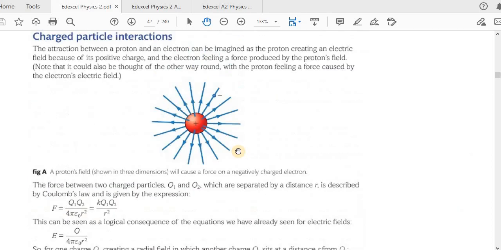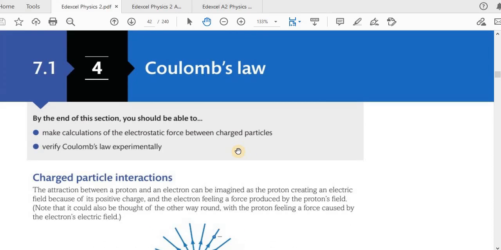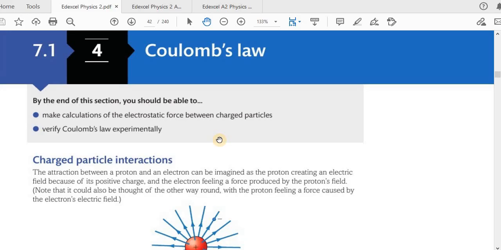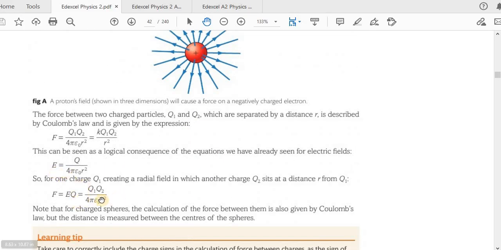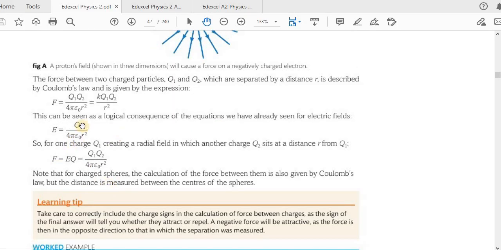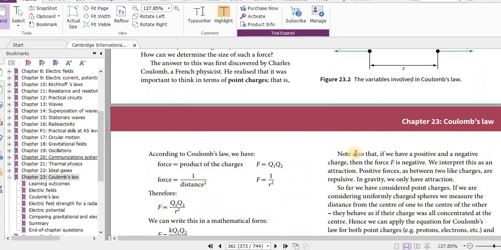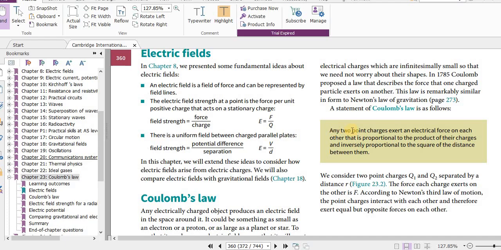So basically, just to quickly recap, what you have to know is this equation: F is equal to k q1 q2 over r squared. You can also write it like this, because k is equal to 1 over 4 pi epsilon naught. So this is Coulomb's law, and here we have Coulomb's law in words, the definition.